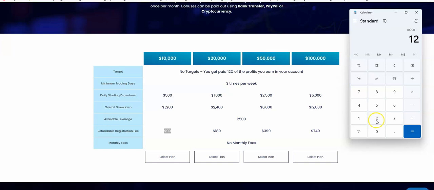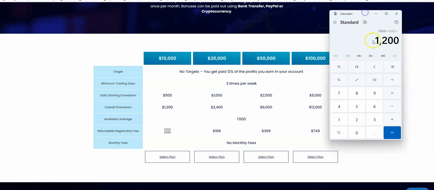So 12% is this. Just a minute. It's not working the way I want it. Okay, fine. 10K. That's what you made. Then 12%. This is 1.2. That's what you make. Now this is on 10K, but it's small. But imagine you are making this. That's what they're trying to help you see.